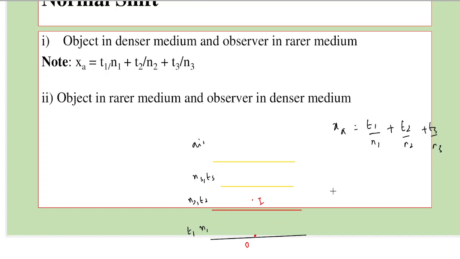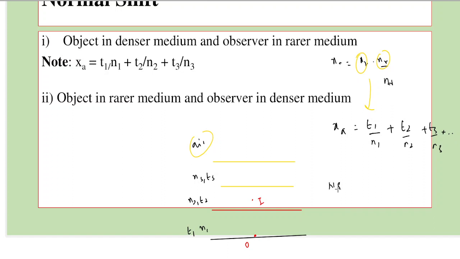This is what we get, because previously we had x apparent as x real into n r by n d. If this x real is the thickness of the material and the surrounding medium would be air, this is what we get. This is adding for the 3 mediums. If you have more mediums, just extend the same form.